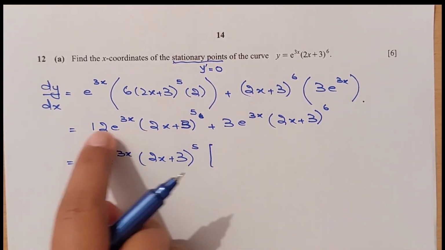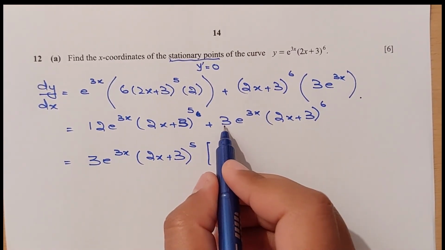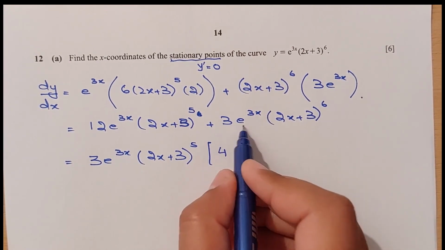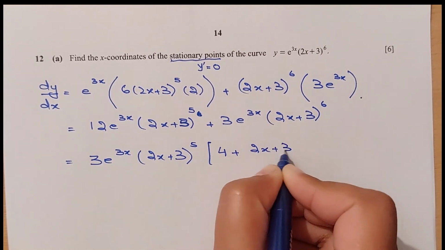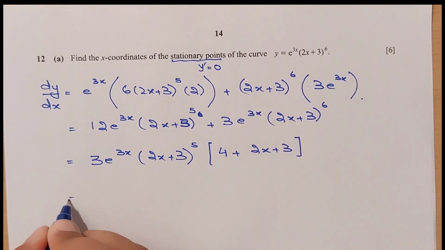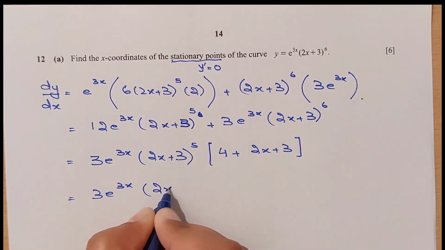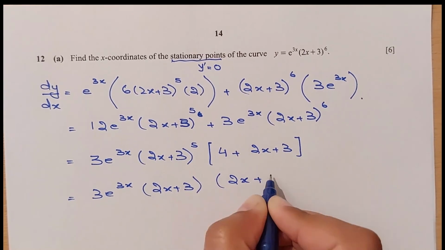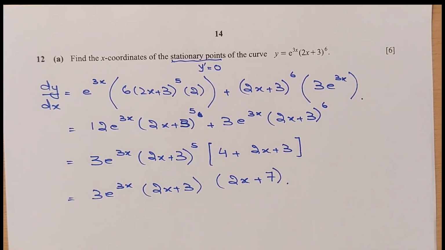So this is common, this is common. 3 times 4 is 12, and what is left is 3, and this power is left, plus (2x plus 3), just 1 power is left, right? So that gives 3 e power 3x, (2x plus 3) power 5, and (2x plus 7). So this is the derivative.